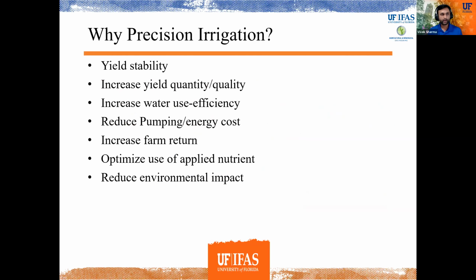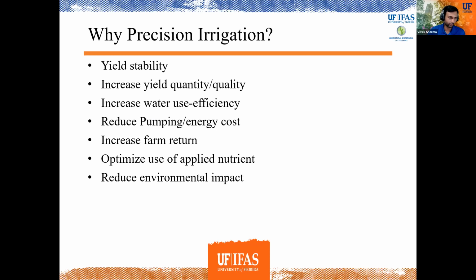Okay, so why precision irrigation management? As I said, both insufficient irrigation and excess irrigation can harm your overall productivity. Precision irrigation management allows us to optimize our yield quantity as well as the quality of the produce. The most important, I can say, is to increase water use efficiency and reduce pumping and energy cost.